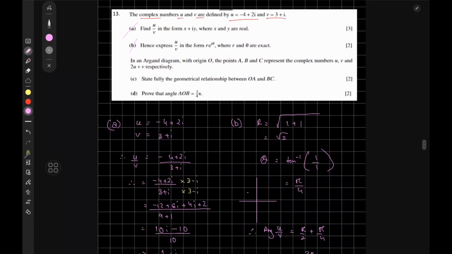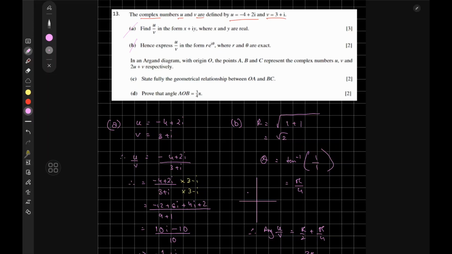Alright, for question 13, what do you do? They're telling you the complex numbers u and v are defined by u equals minus 4 plus 2i and v equals 3 plus i. Great. They're telling you to find u by v in the form x plus iy, where x and y are real.